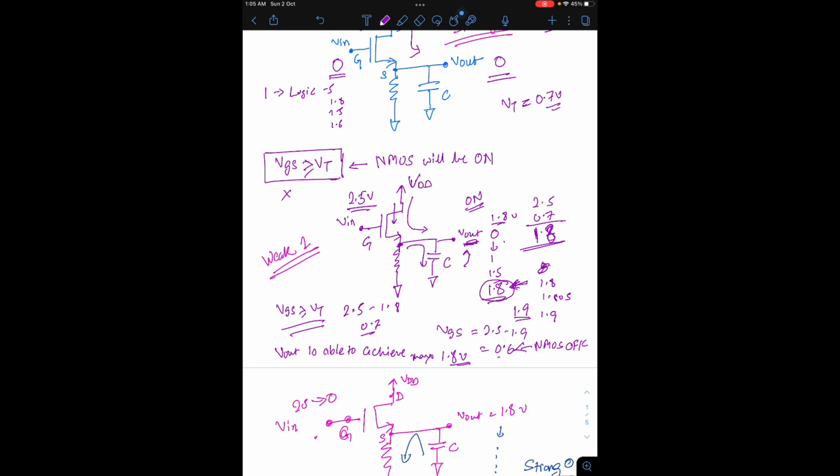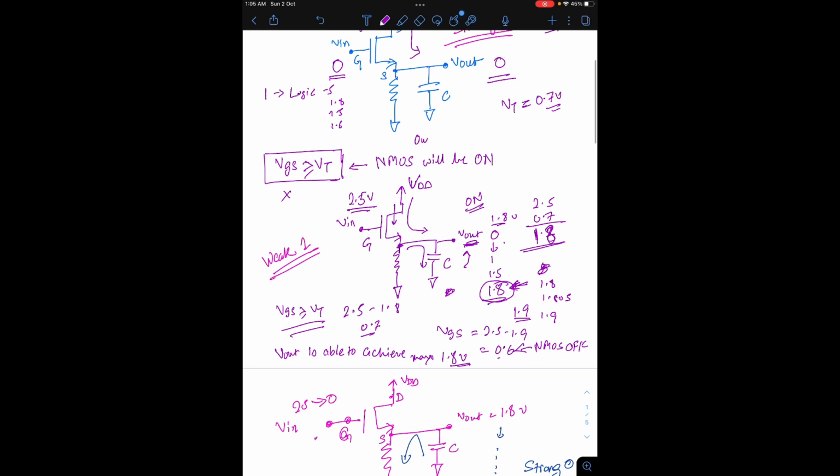That's why we say it weakly passes 1, because the output voltage never reaches the max of logic 1, whatever it may be, 2.5, 1.8, or anything.